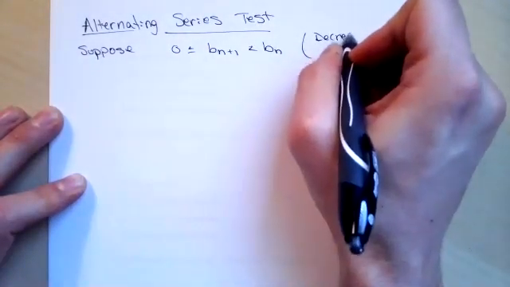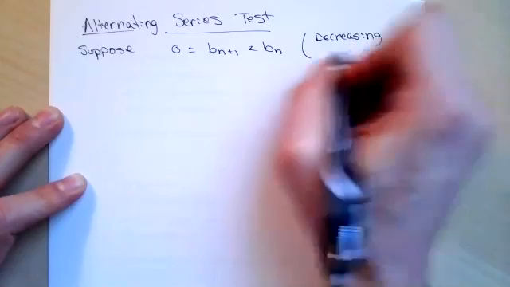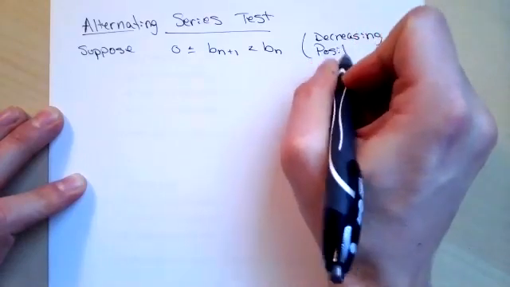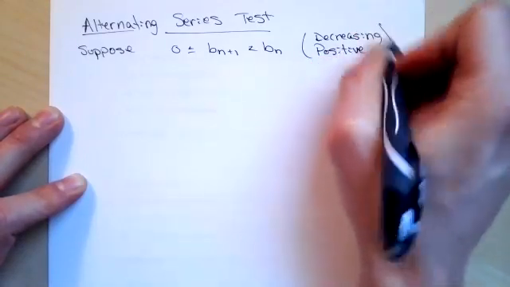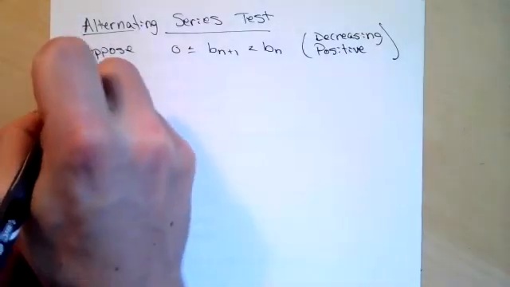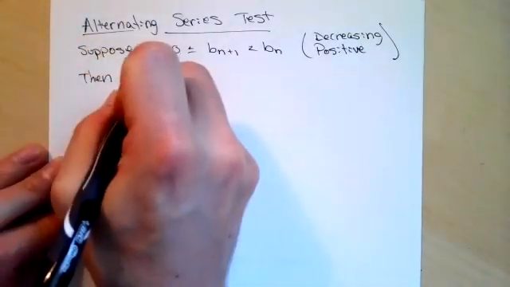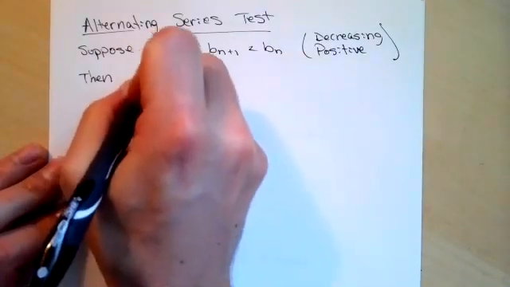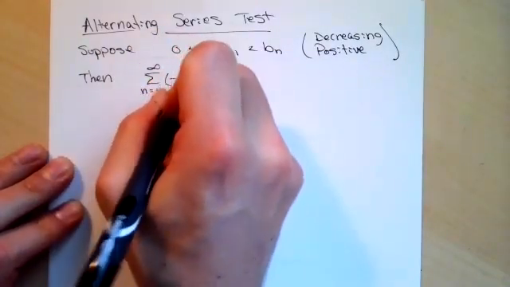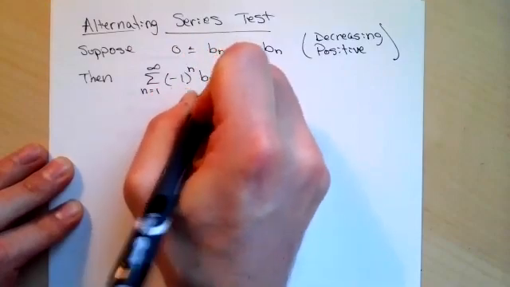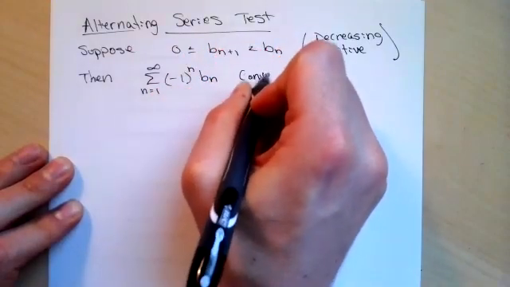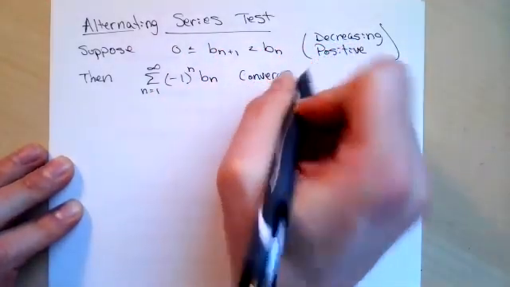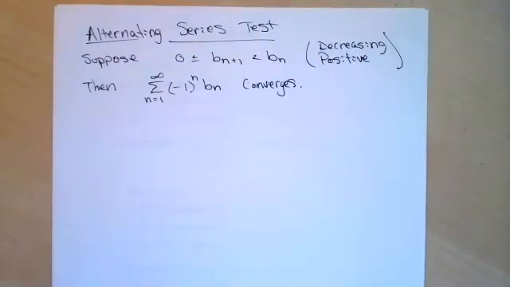So it's decreasing and positive. Then if I make an alternating series out of it, it converges. Nothing more to it.